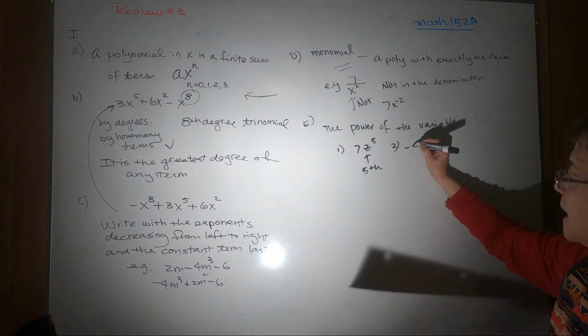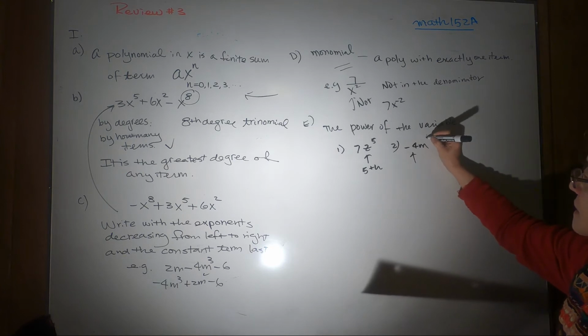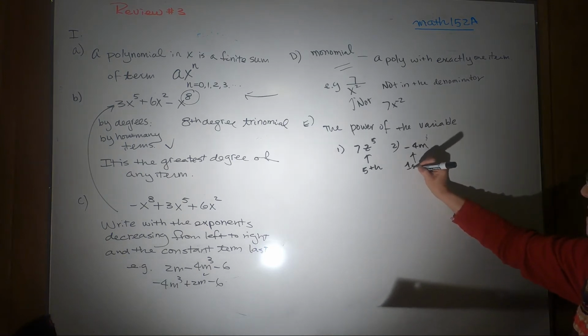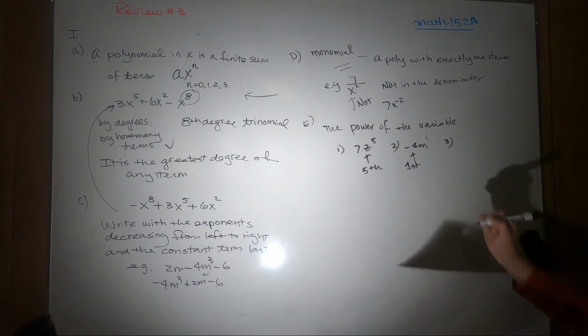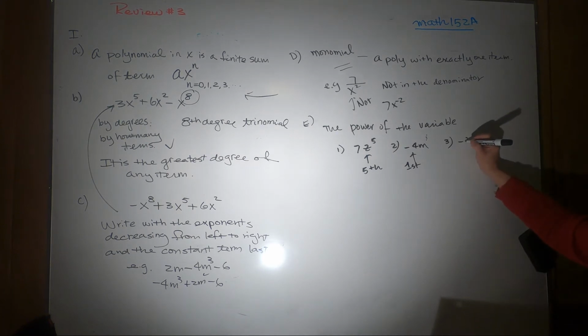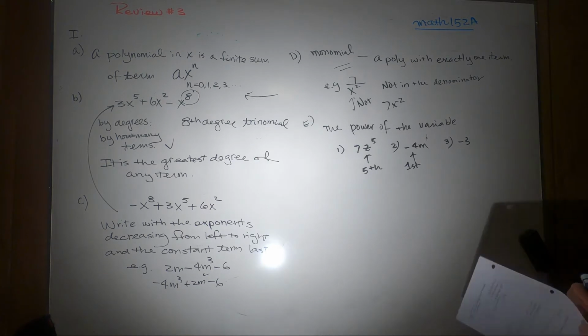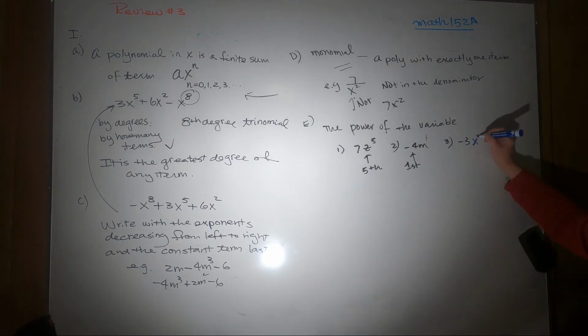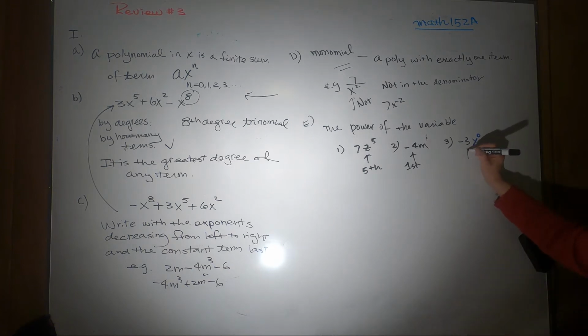If -4m, what's the degree? Invisible 1. So it is 1st degree, right? If it's just a constant number, what happens? What's the degree? It's like you have a variable with 0 degree, right? The degree is 0, because anything to the 0 is 1. So that will be 0 degree.